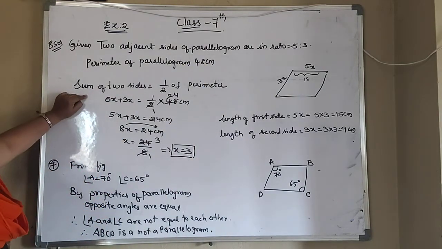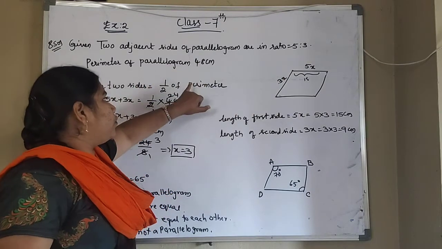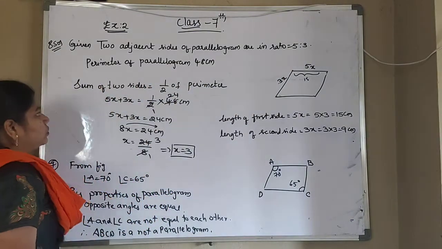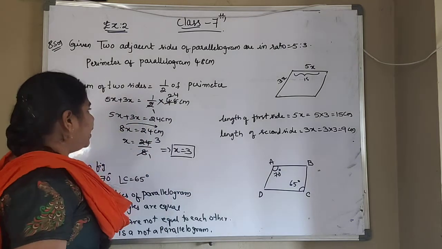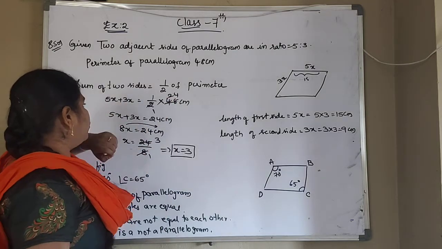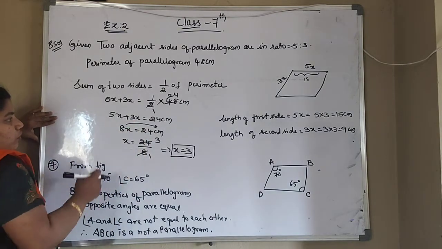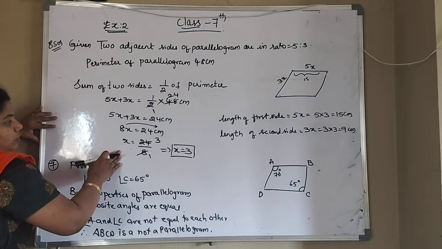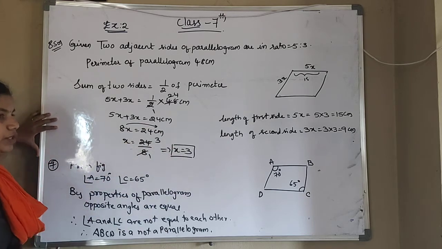So the sum of two sides will be equal to half of this perimeter. So 5x plus 3x is equal to half into 48. 2 ones are 2, 24s are. So 5x plus 3x will be 8x is equal to 24. So x will be equal to 24 by 8. 8 ones are 8, 8 threes are 24. So the x value you got is 3.